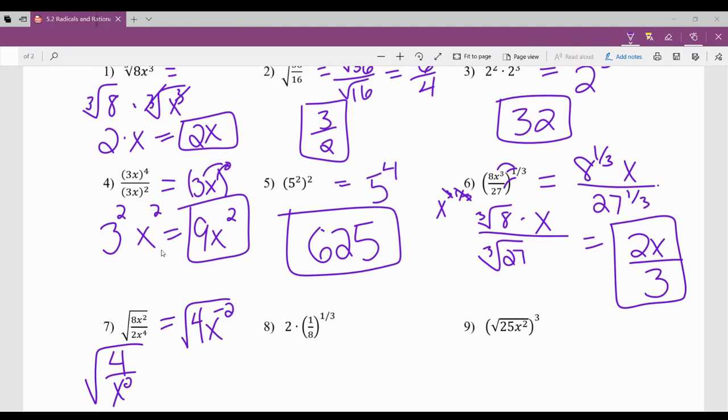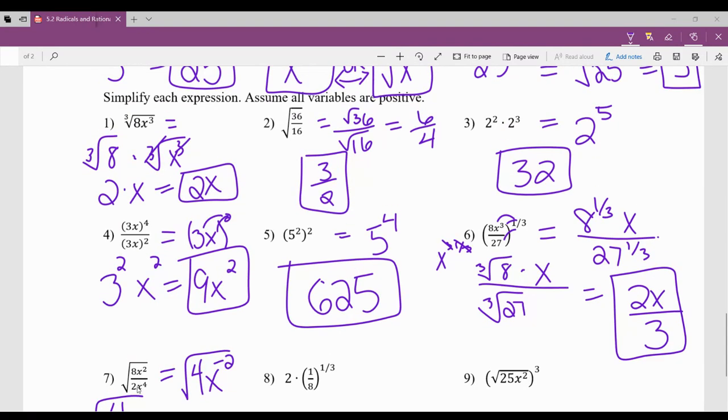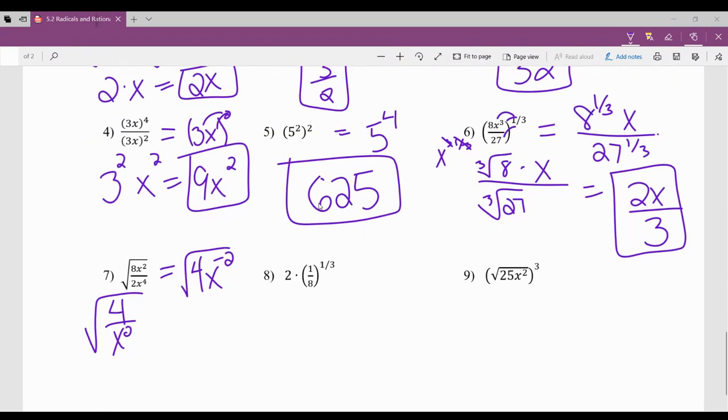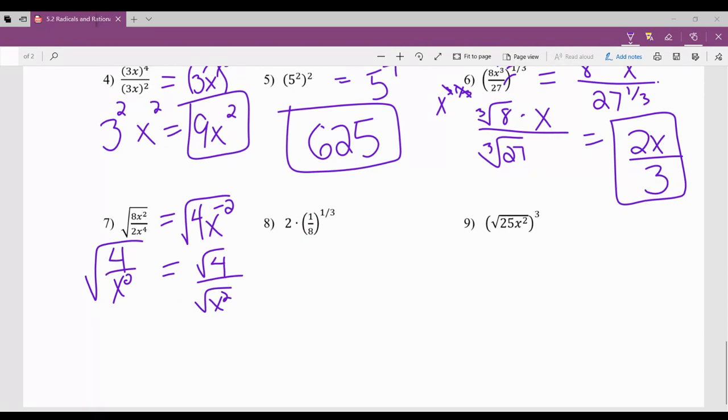And now that I've simplified that inside, I can do the same exact thing that I just did with number 2 again and see if I can answer it. Square root of 4 over the square root of x squared. Okay, now this is much easier. Square root of 4 is 2 over, square root and squared are going to cancel, so x. 2 over x.